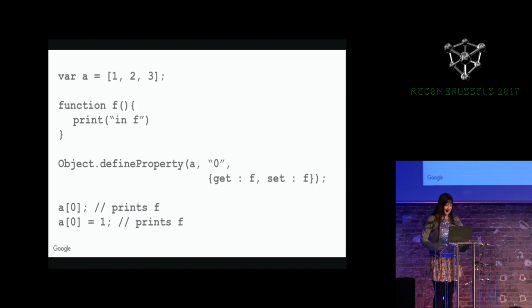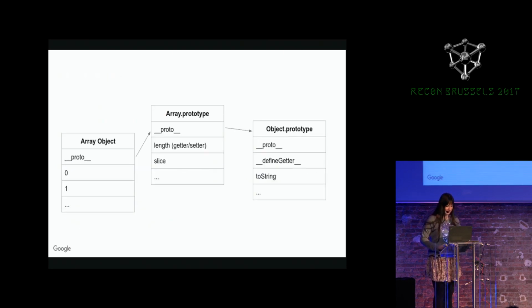You have your array, and then you call Object.defineProperty, and you add a getter and a setter to this array, and then if you change it, it will call this getter and setter. And what's even kind of weird is quite often if you use internal properties of an array, like let's say you call array.push on that, it will still trigger this accessor, and that can do all sorts of things that the developer wasn't expecting.